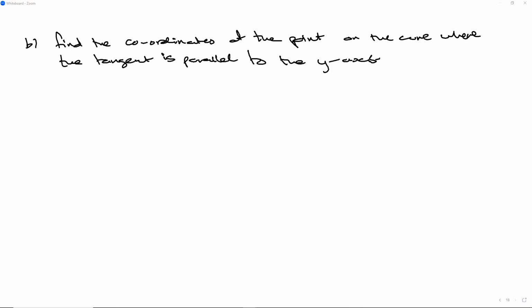All right, so if we want to find the coordinates of the point on the curve where the tangent is parallel to the y-axis, let's just have a look at this. So there's the y-axis, and we've got some kind of tangent which is parallel to the y-axis like that, with the curve on one side. We want to find the coordinates of the point on the curve where the tangent is parallel to the y-axis.